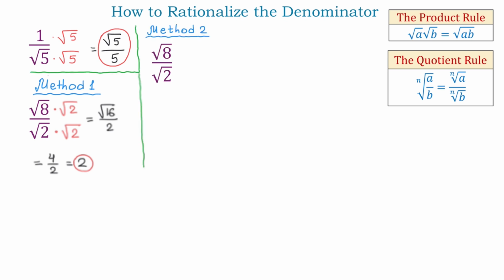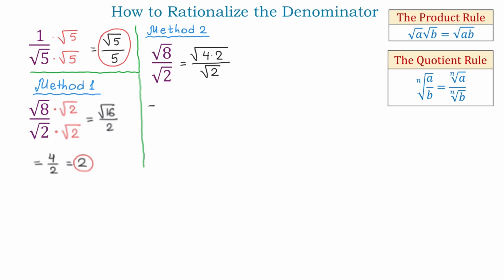Again we have square root of 8 over square root of 2. With this method, in the numerator we will apply the product rule in reverse, and we will write square root of 8 as square root of 4 times 2. So again, we will write square root of 8 as the square root of 4 times 2 over the square root of 2.